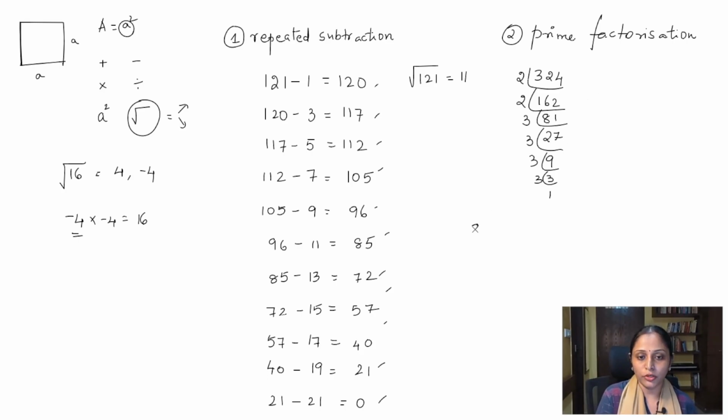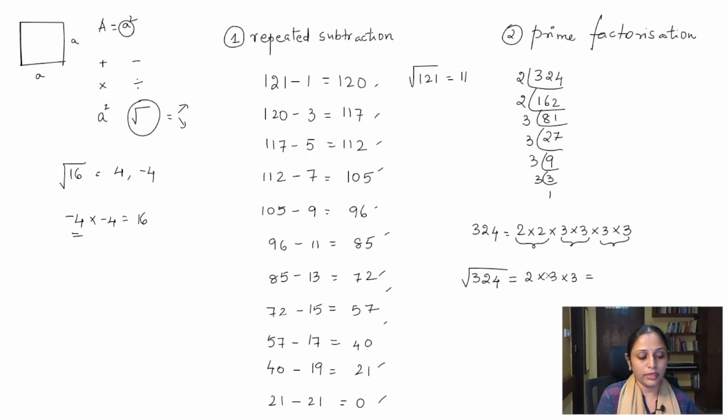So now I'm going to write it as 324 is equal to 2 into 2 into 3 into 3 into 3 into 3. You can see that there are 4 threes here. Okay. So now how do you use this information to find the square root? You're going to pair up these prime factors. In the square root, I'm going to write 1 for each pair.